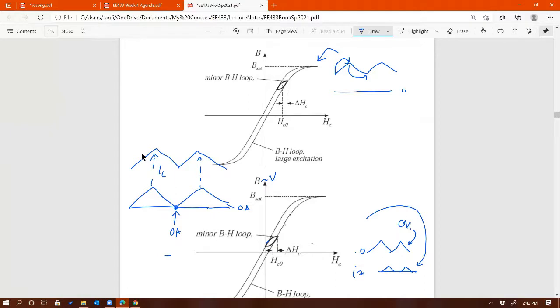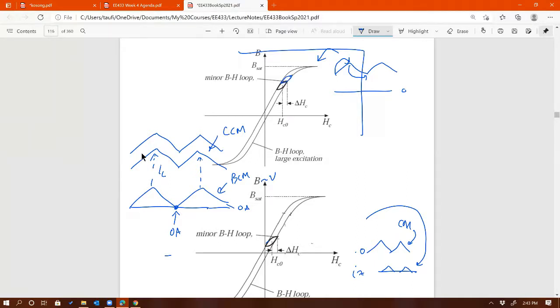So here is CCM, and here is BCM. Now you can see from the BH curve that for CCM the minor loop travels upward as well, getting so close to the saturation point. If I keep increasing this triangular waveform, you have to watch out, because that's going to be very close to the saturation point.